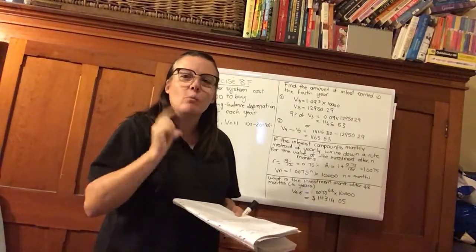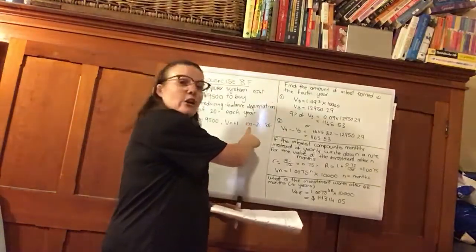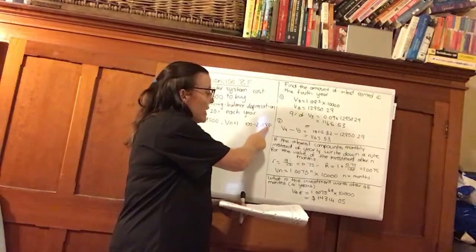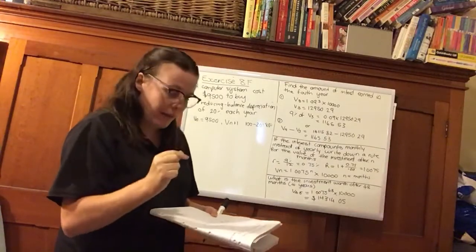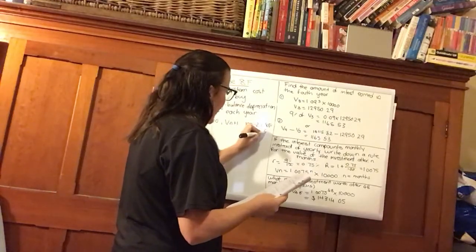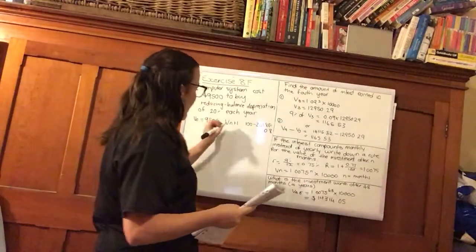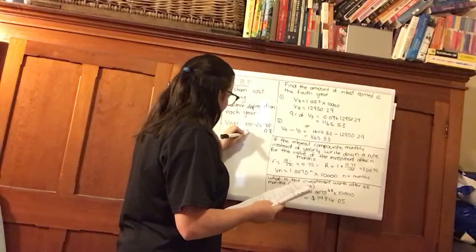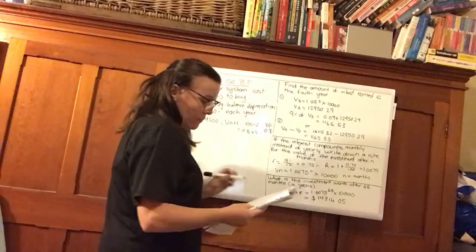We need to put in what is actually going to be left. So we started off with 100%. We're going to take out 20%. So we need to use this 80% value because that's what's going to be left at the end. Okay, so 80% as a decimal becomes 0.8. So our Vn plus 1 is going to equal 0.8 multiplied by Vn.